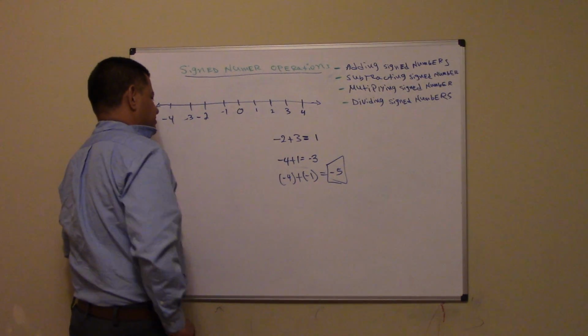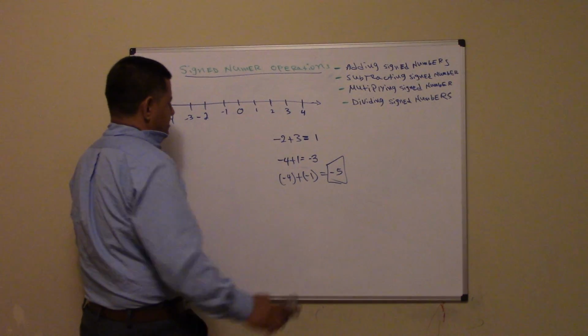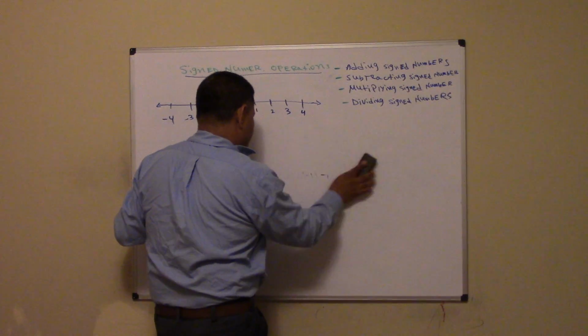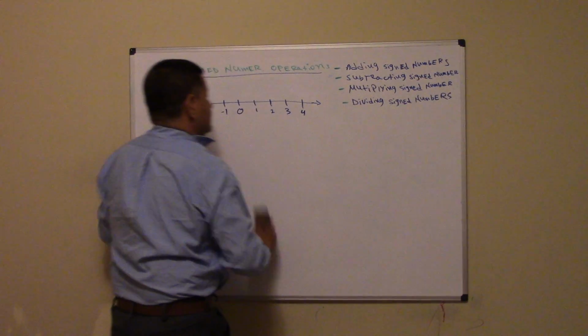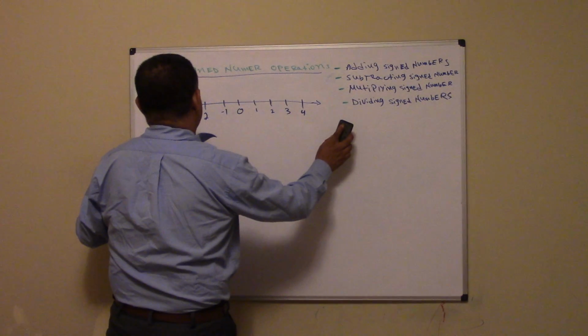So those are some of the basic sign numbers. Now let's do one problem from the book, right?